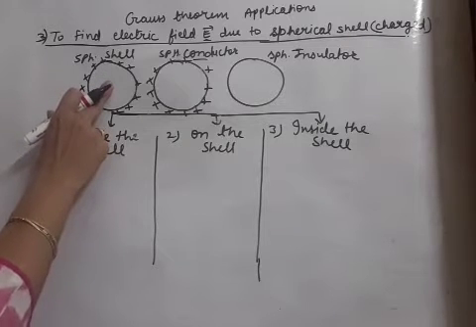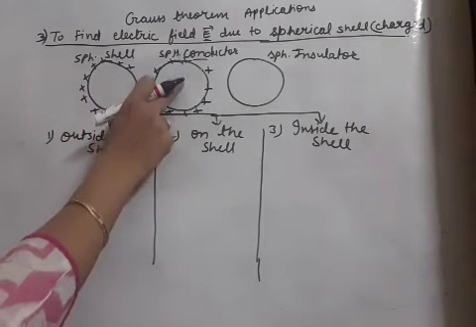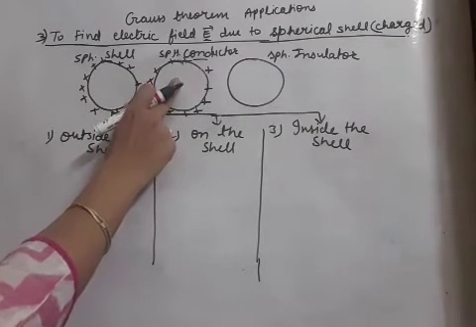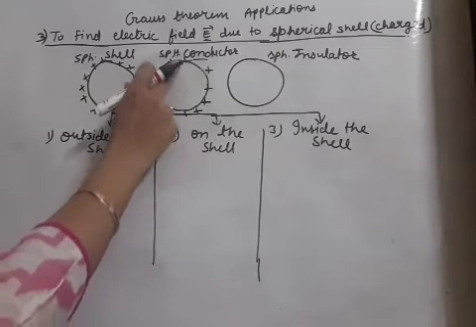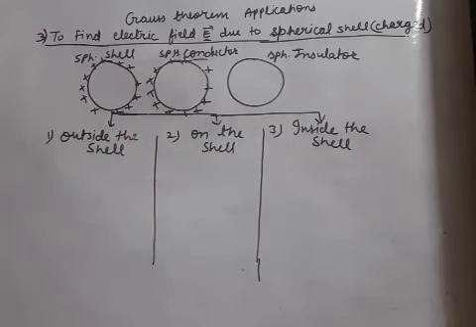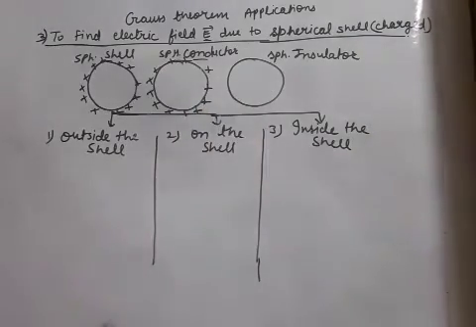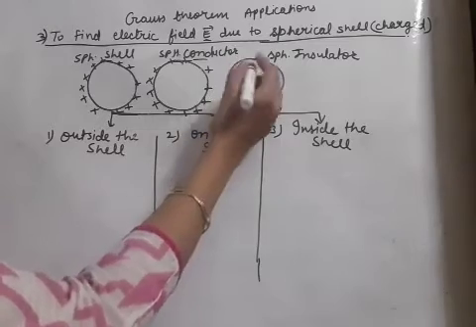So the diagram of the spherical shell and conductor are same. Shell is hollow from inside, so no charge can remain inside, no material to hold the charge. And conductor is solid from inside, but same charges cannot remain together, so they come on the surface. But if we are given spherical insulator, then spherical insulator is the one which is solid from inside.